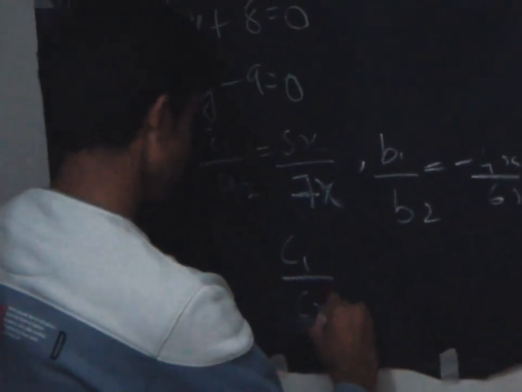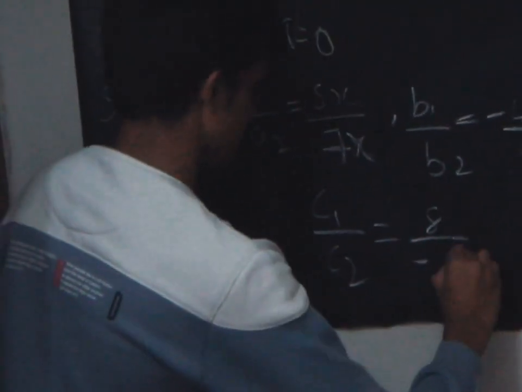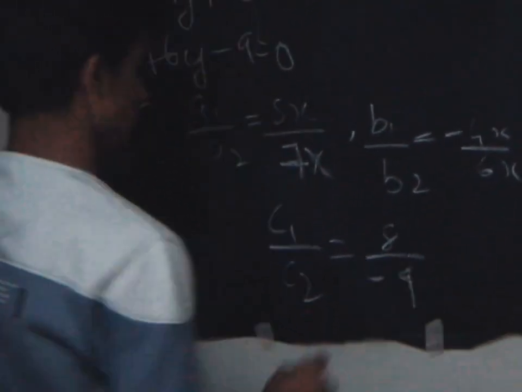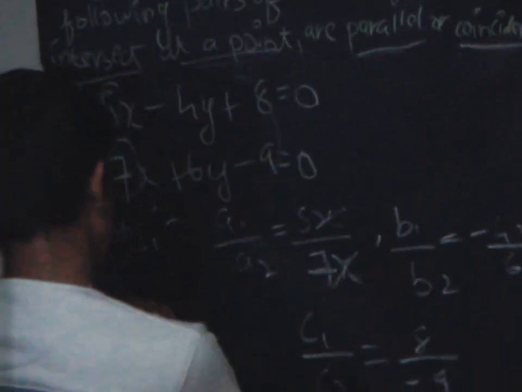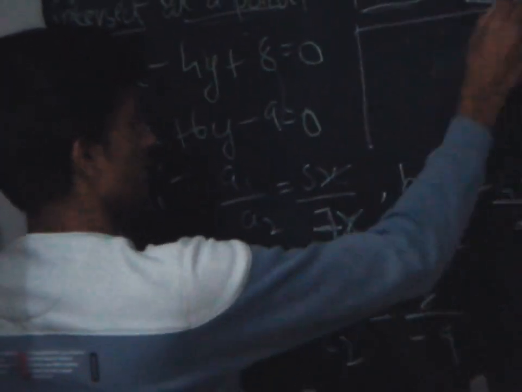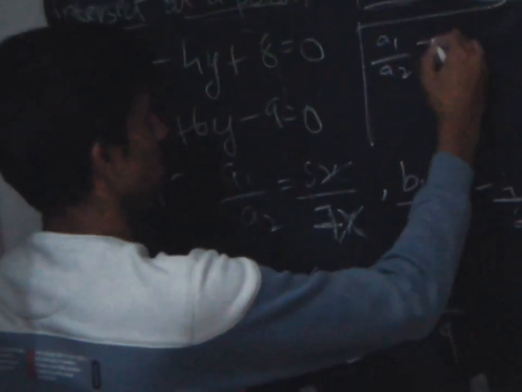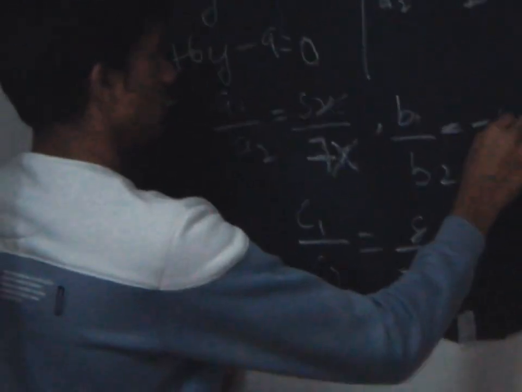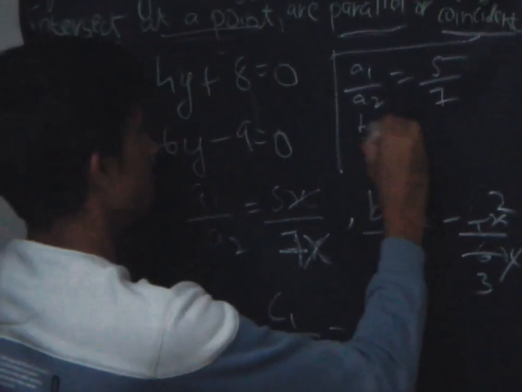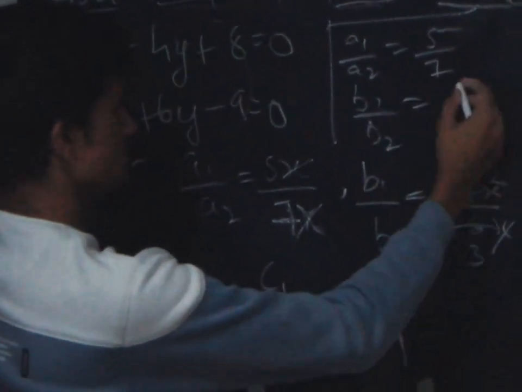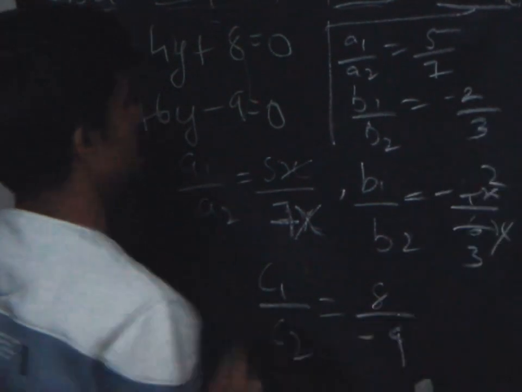C1 by C2 is 8 by minus 9. So x will cancel, so it will remain as 5 by 7. So here we can write A1 by A2 is equal to 5 by 7. In B1 by B2, x will cancel. 2 2s are 4, 2 3s are 6. So B1 by B2 is equal to minus 2 by 3.